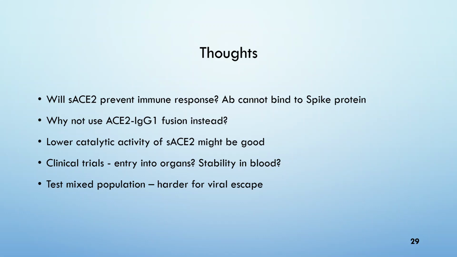Then for future work, it's good to think about whether this dimer is able to enter well into organs and whether it is stable in blood. And lastly, I have an idea about whether it's effective or not if we use a mixed population of different mutant ACE2 that will make it harder for viral escape to occur.